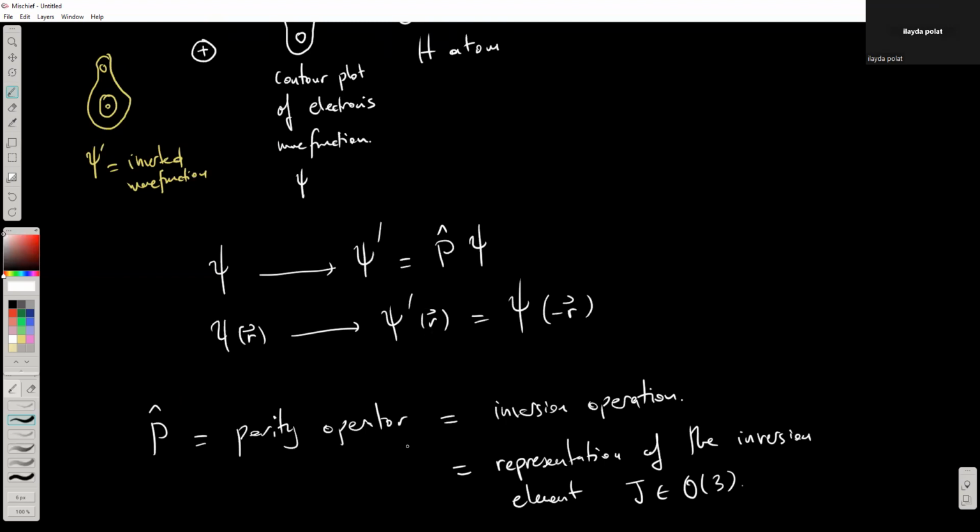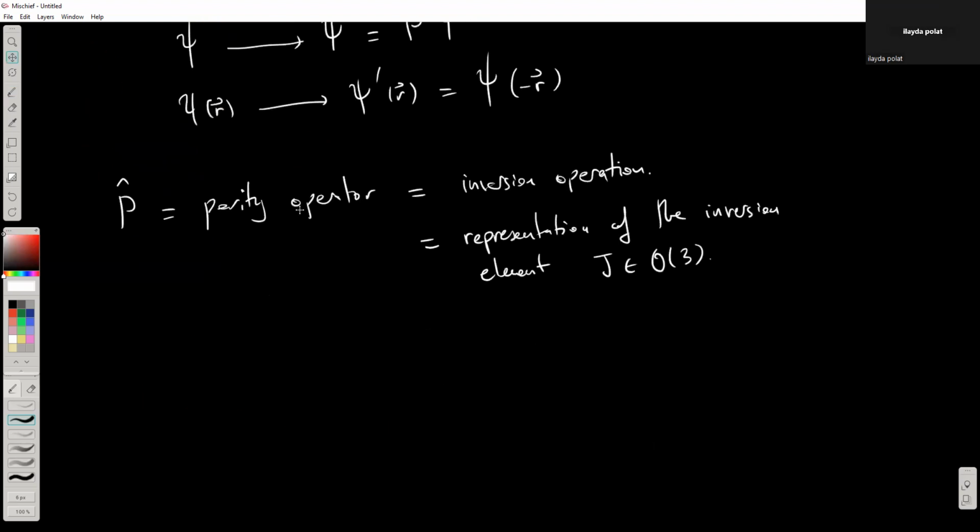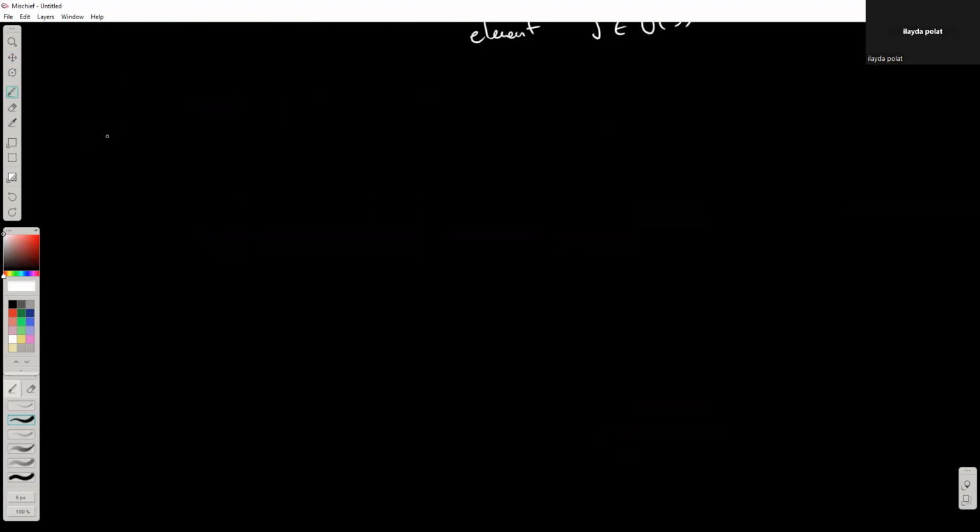So if we have a different physical system like the helium atom, in which case there are 2 electrons, in that case the operator is going to be different, right? So we have an abstract symmetry operation, and we have lots of representations of it depending on what physical system we are using. Just keep this in mind, right? In any case, the parity operation is basically like that.